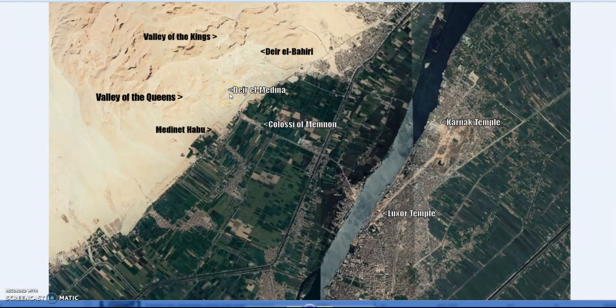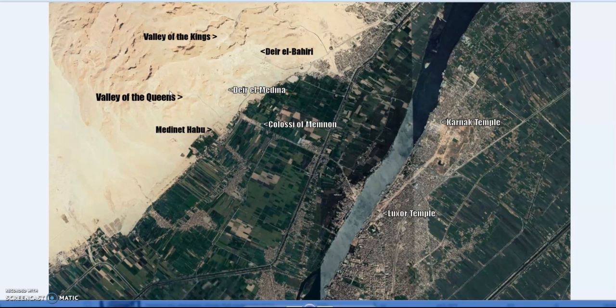But the major sites here in Thebes are the Temple of Karnak, Temple of Luxor, the Colossi of Memnon and the associated avenue, Deir el-Medina, Medinet Habu, which are Ramesses and these large complexes. Also Deir el-Bahari, which is very, very important as well. But of course the Valley of the Kings and the Valley of the Queens is very important.